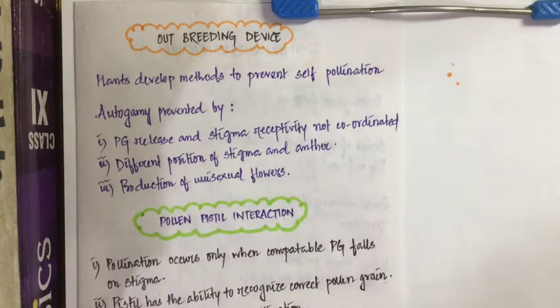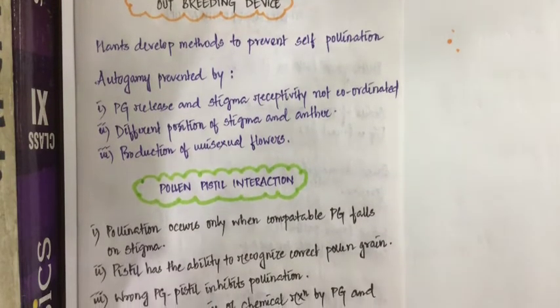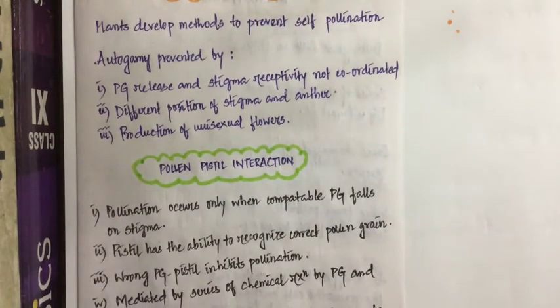So a plant always develops certain methods in order to avoid this process of self-pollination. Now you might be thinking, sir, why is it necessary for plants to avoid self-pollination? Very simple. If self-pollination occurs inside a plant for a long period of time, there might be problems like extinction of the plant.